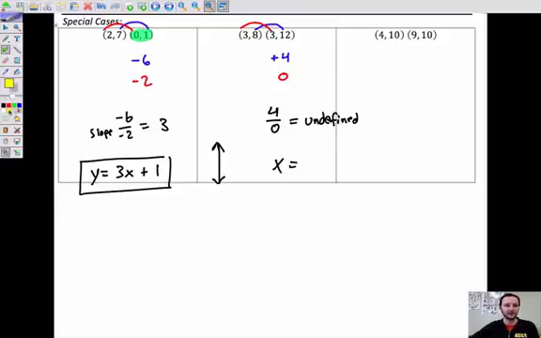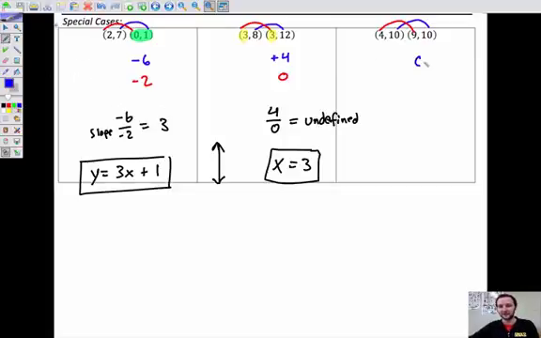And if you're not sure, look right there. The x coordinate is 3 in both of these cases. So our equation is x equals 3. Okay? This last one is a special case in a similar sort of way, except the opposite.